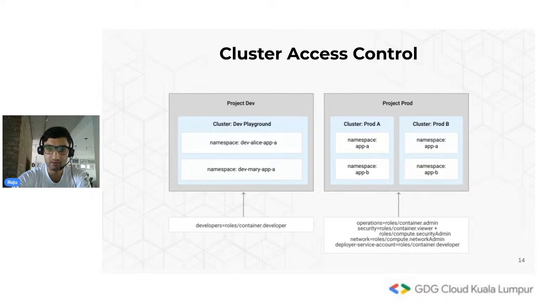For example, we have the container admin role for the operations team, and for security we have just the container viewer and the security admin, right? For networking, they just need the network admin access, and for the deployer we just need the container deployer access. By using this kind of granular access control, we could keep better track of who is accessing what resource, and someone couldn't accidentally delete or change any of those configurations within our cluster.